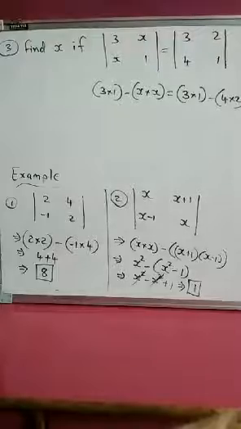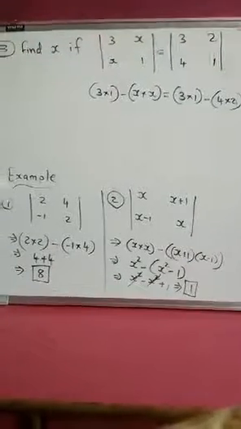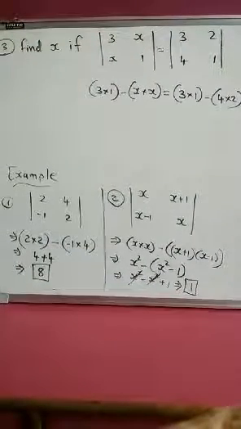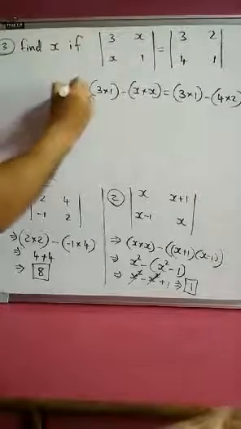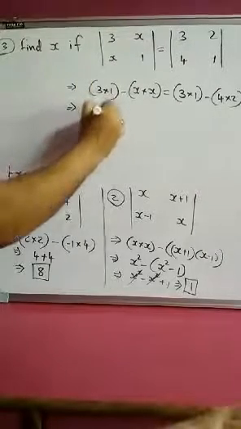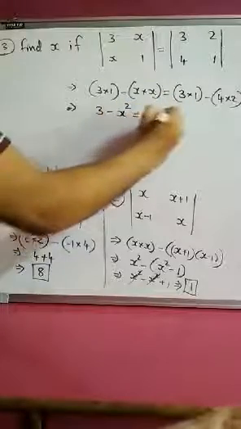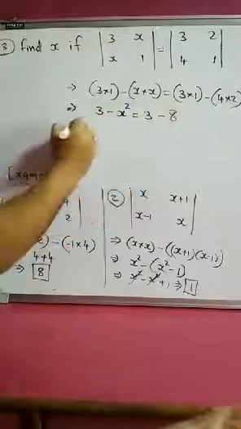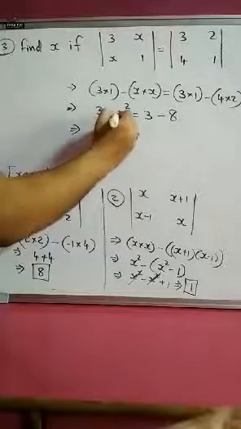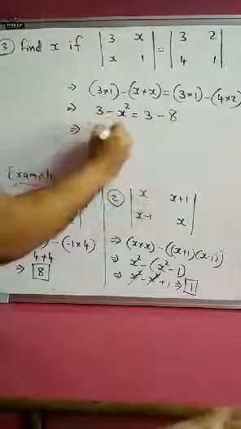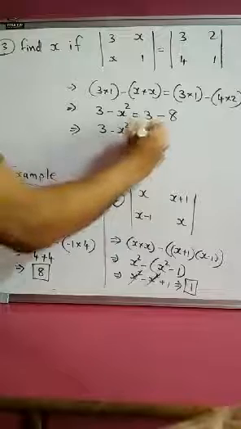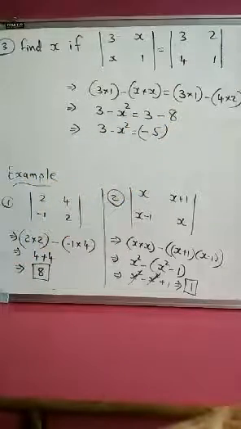I hope it is clear to you, right? That is the first step. Now 3 into 1 is 3, x into x is x square, 3 into 1 is 3, 4 twos are 8. Here minus x square will go to that side, and 3 minus 8 is minus 5.